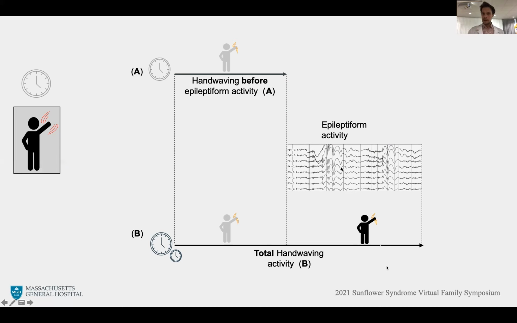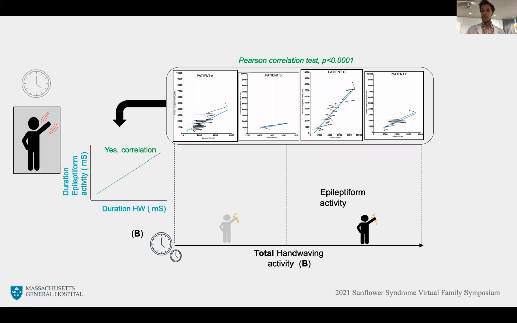If there is a correlation between this and the epileptiform activity, meaning that if this lasts kind of as long as the epileptiform activity, you kind of say that it's happening at the same time, so that it's, again, not self-induced, the seizures. And indeed, this is what we have found as well.